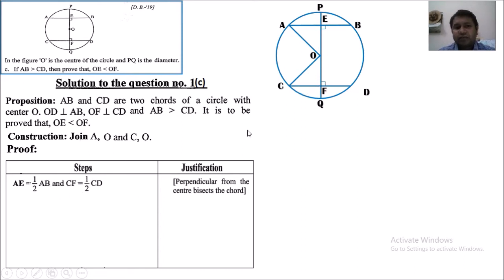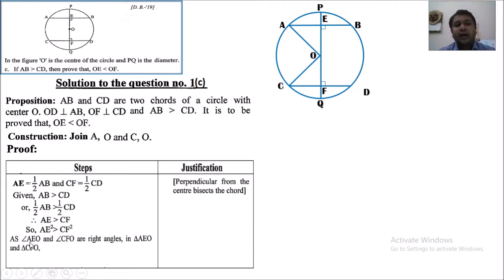Given AB is greater than CD, half of AB is greater than half of CD, that means AE is greater than CF. If we square them, AE squared is also greater than CF squared. I think you understand.